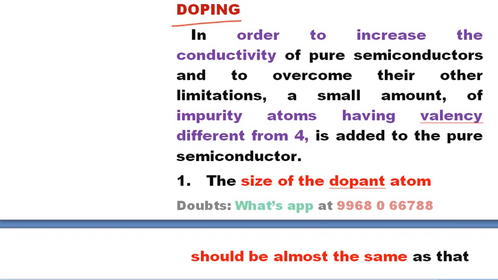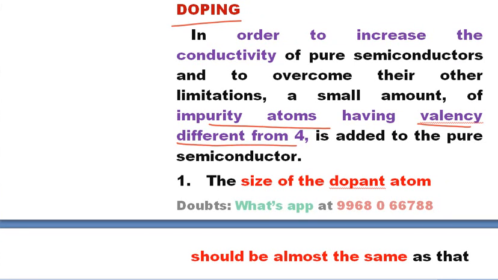Dear students, what we have to define in our examination: in order to increase the conductivity of a pure or intrinsic semiconductor and to overcome its other limitations, a small amount of impurity atoms having valency different from 4 is added.